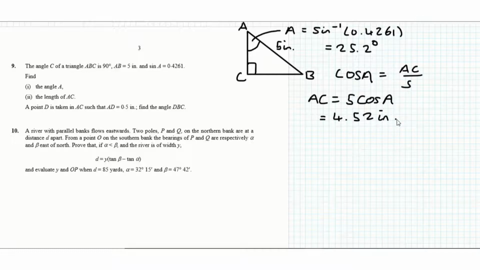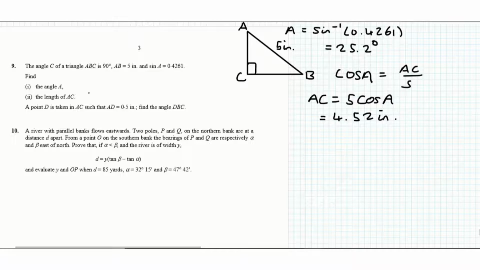Now, the next part, just to create some room, I'm going to rub out this angle. It's not what I was going to do. And we want to put on a point D such that AD is 0.5 inches long, and that's taken in AC, so it's on this line here.